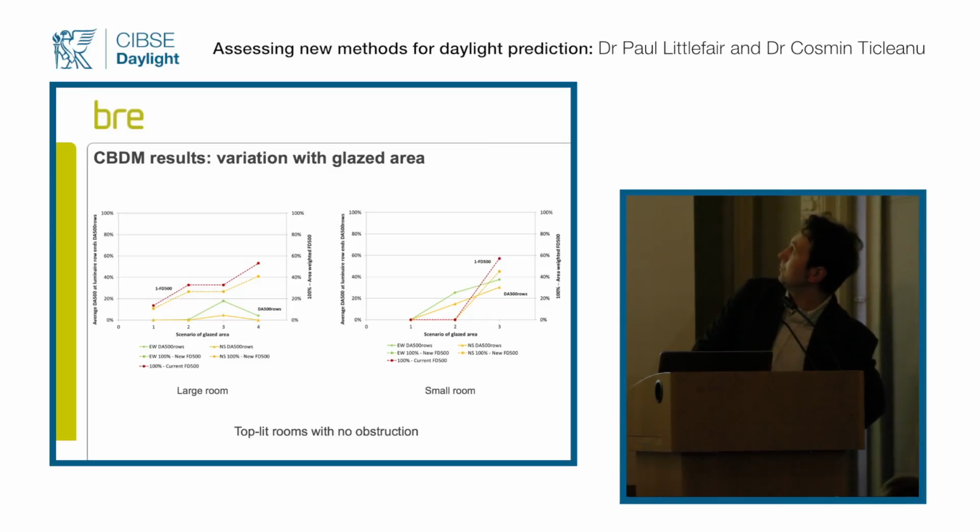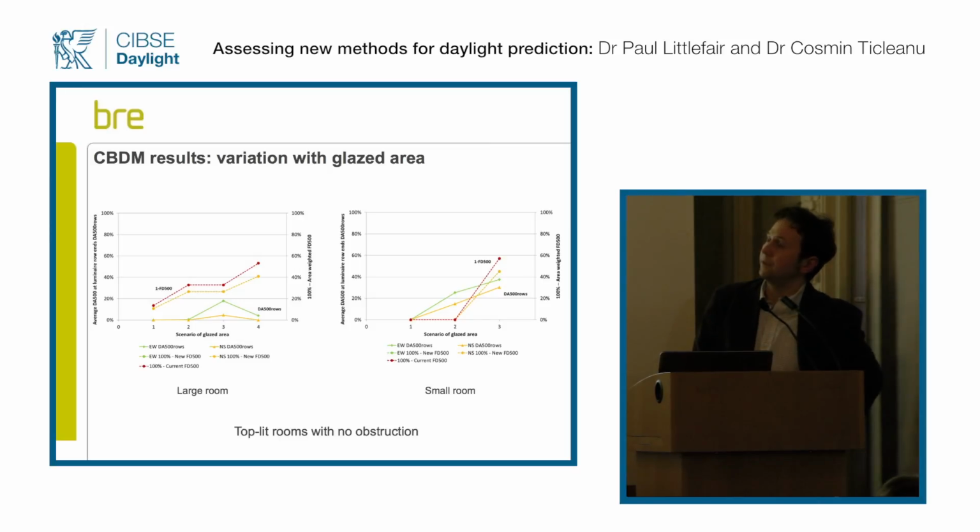For the small room, there are some differences depending on the size of the glazed area. For example, with small rooms, it may be that some points are further away from the opening, so their DA 500 is too low. I mean, it can't be achieved at all.